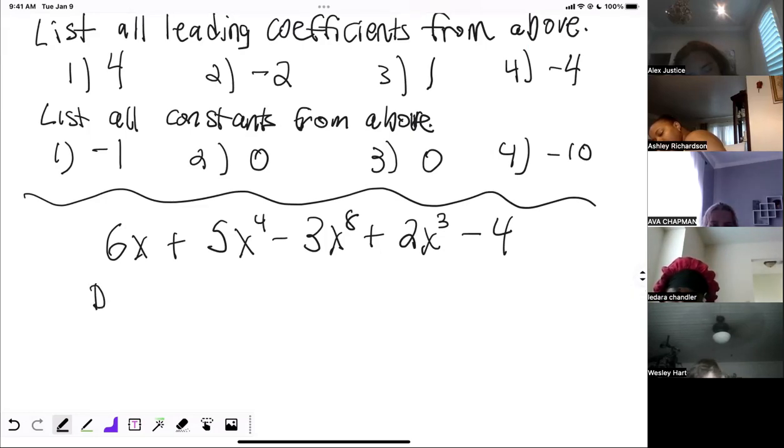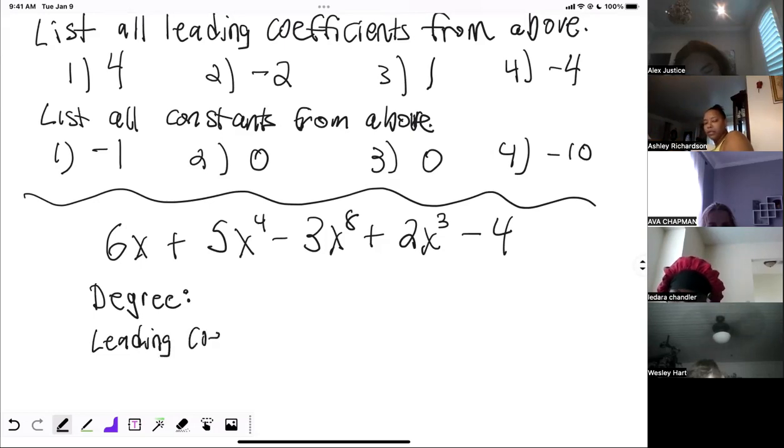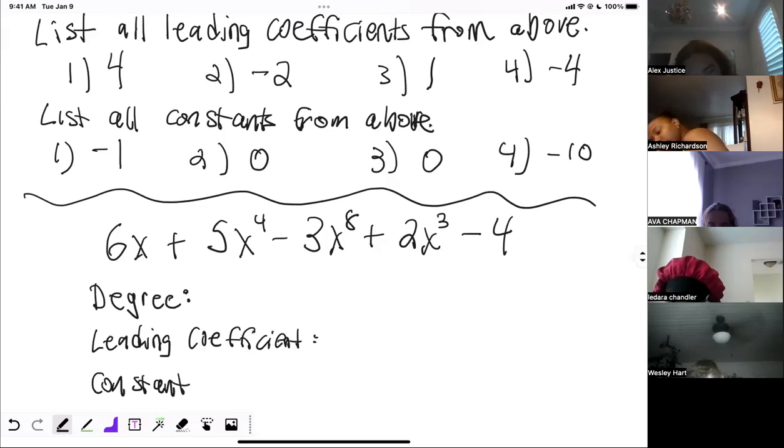And then I'm going to put a list of things I want you to find. Degree, leading coefficient, constant. All right, there's 3 things I want you to find. Find the degree, leading coefficient, and the constant.